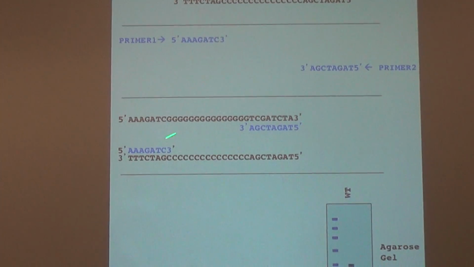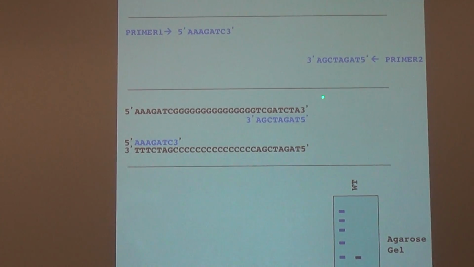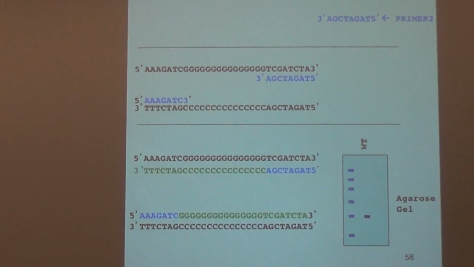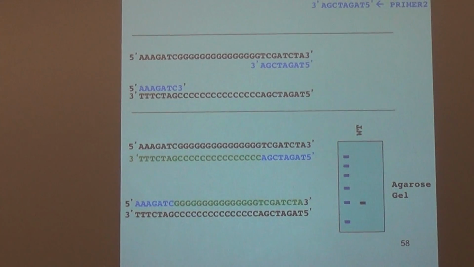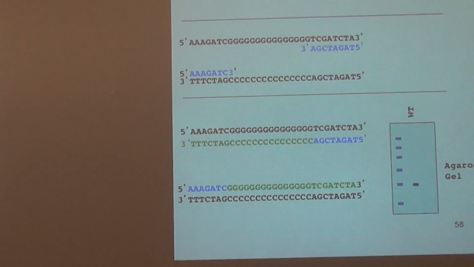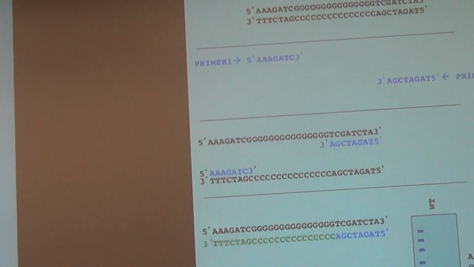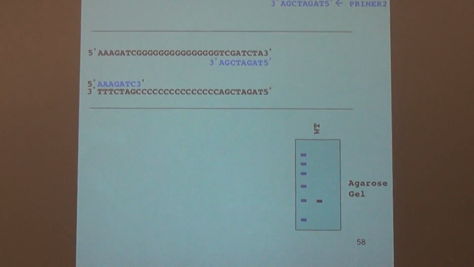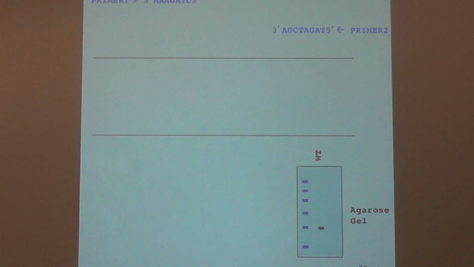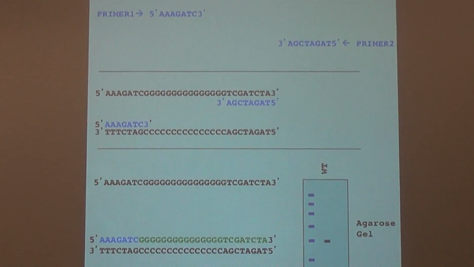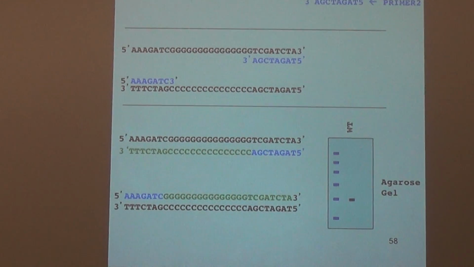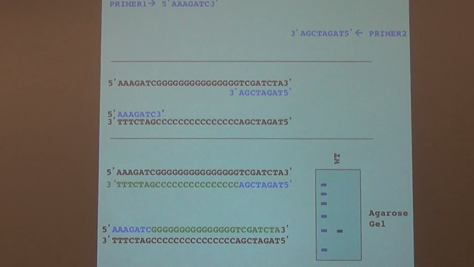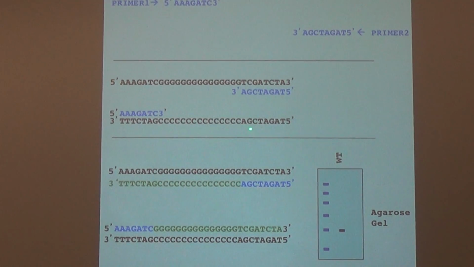These primers are perfect matches for the wild type individual, and you will get a product like this. But now let's imagine, now here we have a primer that doesn't match perfectly.